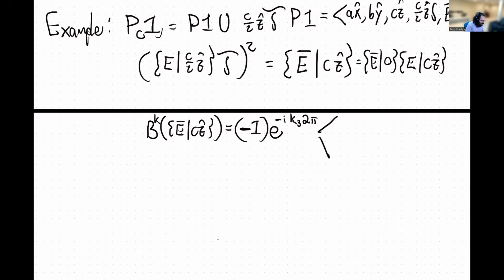So at k3 equals 0, in that whole plane, this is equal to -1. When k3 equals a half, halfway across the boundary of the Brillouin zone, this is equal to -1 times -1, which is equal to +1.